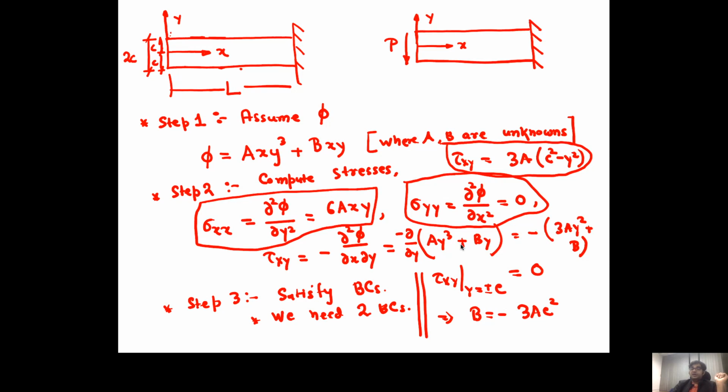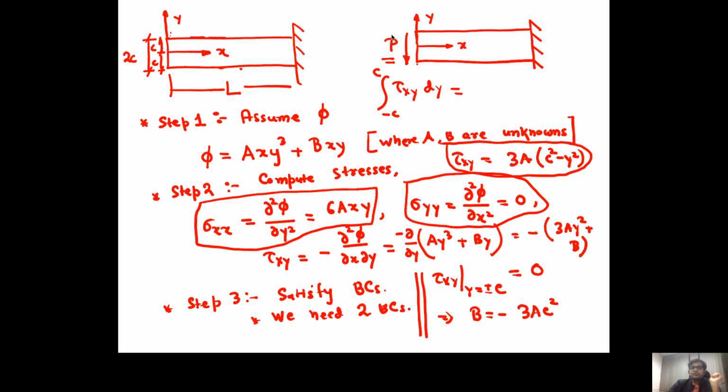Now what is the other boundary condition? There is a traction kind of force, or I should say shear, that is acting. That should be equal to the total shear acting, so basically this is the average shear. So you will have a second boundary condition, which is the integration of tau xy dy, where y goes from minus c to plus c.